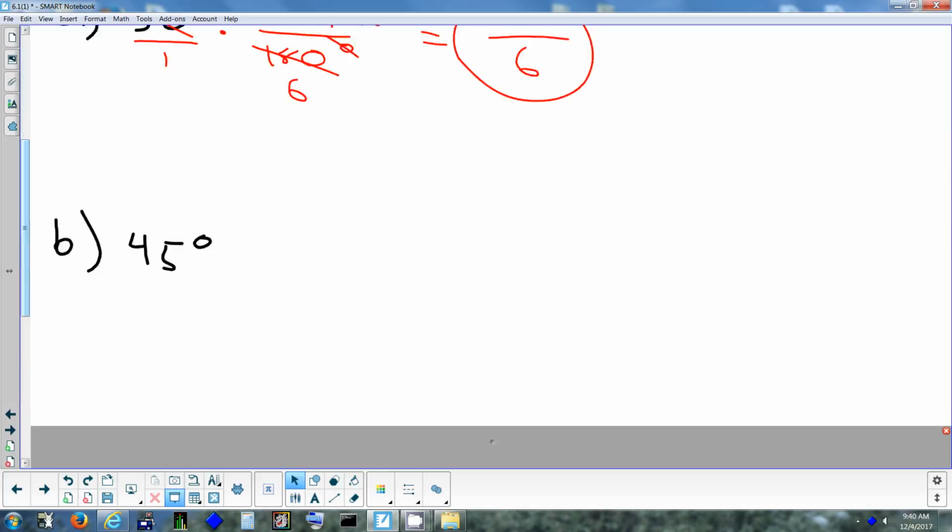Okay, so 45 degrees. So Sam, what would I multiply by here to convert degrees to radians? Pi. Multiply by pi, divide by 180. And the reason why, well, you can look at the formula, which has the steps in it, or just think about the units, canceling out degrees.